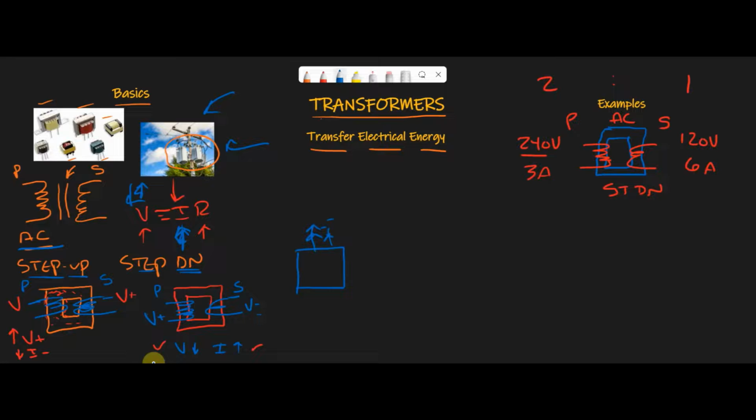This power station has lines going to all these towers, and those go over large areas. Eventually they go to a small telephone pole, and then it ends up going to your house.